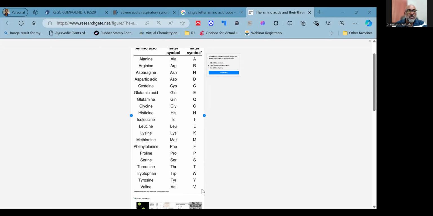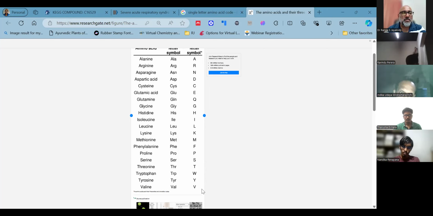Each amino acid is added: the first amino acid, then the second one is added, then the third one, and so on and so forth. As soon as the production is over, your protein looks like this. This is called the polypeptide chain.